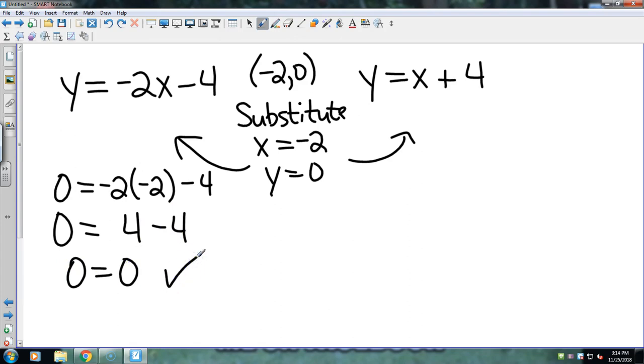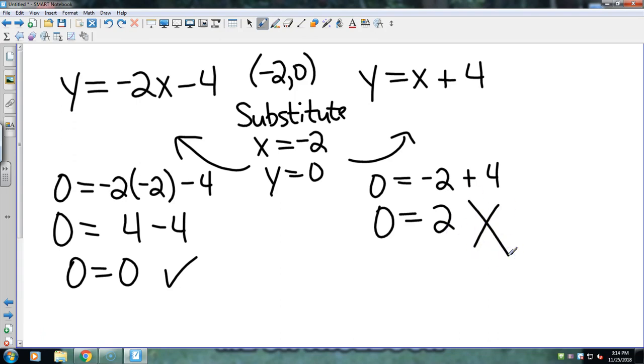Okay. So now we go over here, and I replace y with a 0 as well. I replace x with -2. And I get 0 equals -2 plus 4, which is +2. Okay, this one does not work. So -2, 0 is not the solution.